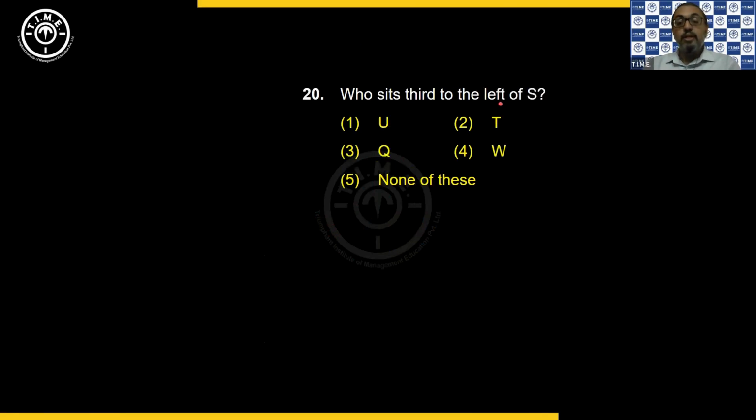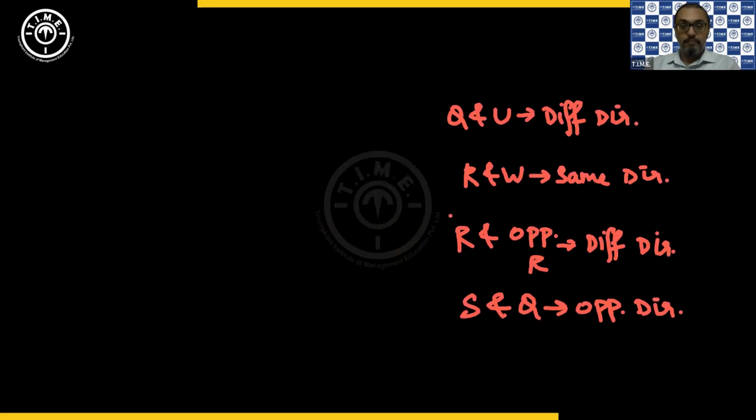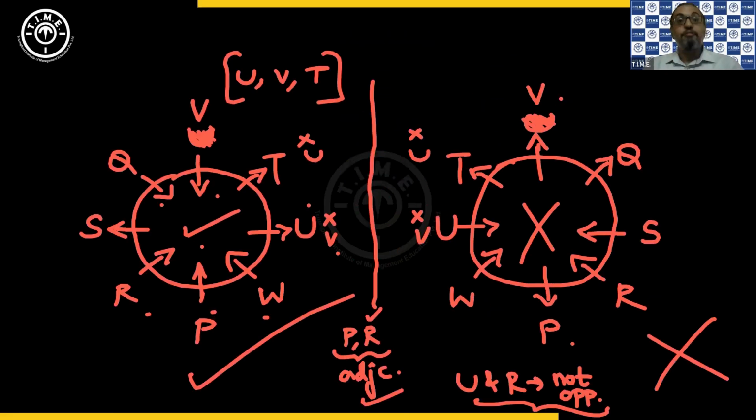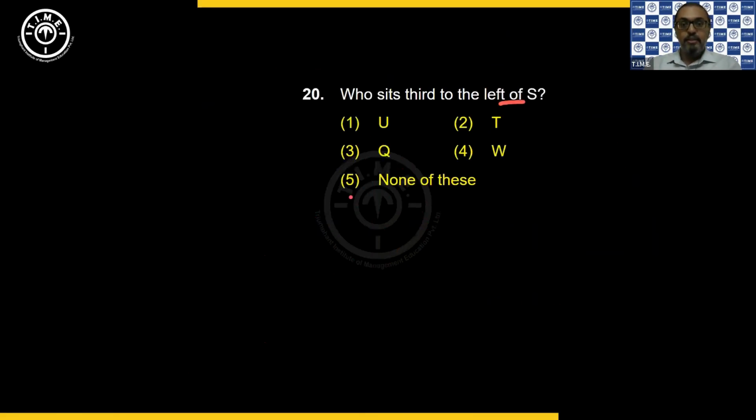Then who sits third to the left of S? So left side of S, third position. Now S is away from the center, left is anti-clockwise. So third position you have is W. In the anti-clockwise direction, you have W in the third position. So it is W. Okay.